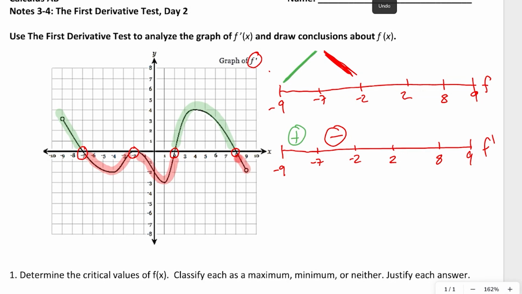Now between -2 and 2, the derivative is still negative, right? So the original graph is still decreasing.